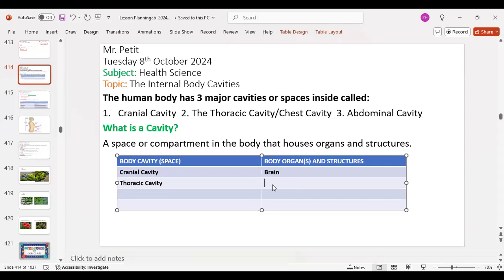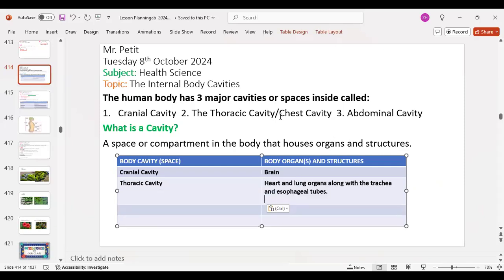The esophagus, yeah, the esophagus is there too. So the heart, the lungs, along with the trachea and the esophagus. Those are inside of the thoracic cavity.